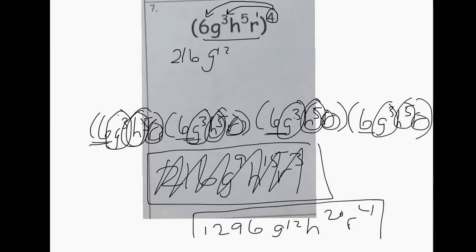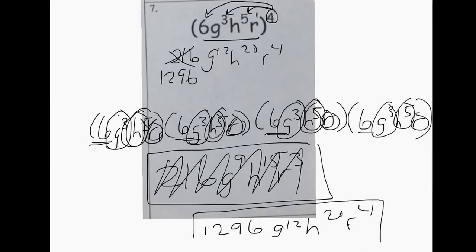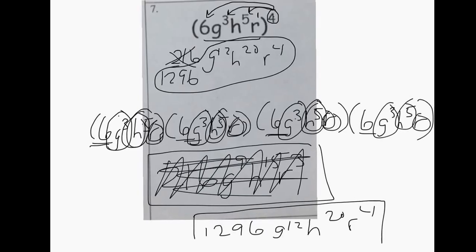So that's the answer. Sorry about that. 4 times 5 is H to the 20th. 4 times 1 is 4. 6 to the 4th is 1296. And that's how I was able to figure out that it wasn't going right. So this is 1296, G to the 12th, H to the 20th, R to the 4th. Sorry that I messed that up. I just didn't pay attention to how many I had to do.